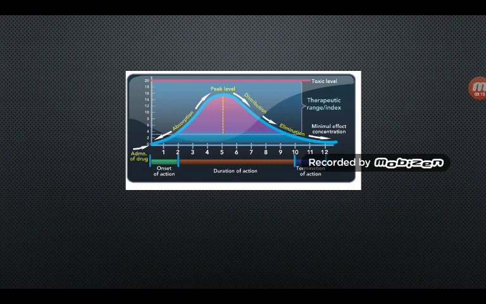When the therapeutic response is at its highest, we're going to call that peak. So a peak level is also called full therapeutic effect. Duration of action is the amount of time the therapeutic effect lasts.